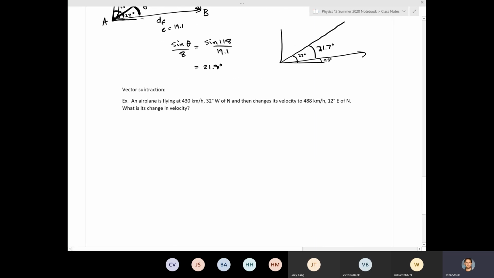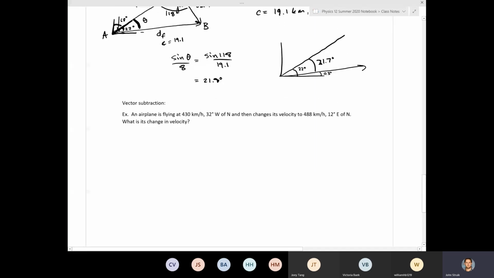An airplane's flying at 430 kilometers an hour, 32 degrees west, and so on, and it changes its velocity. So what is its change in velocity? Anytime there's a change in something, like change in velocity, delta V, delta means change in, it's final minus initial.